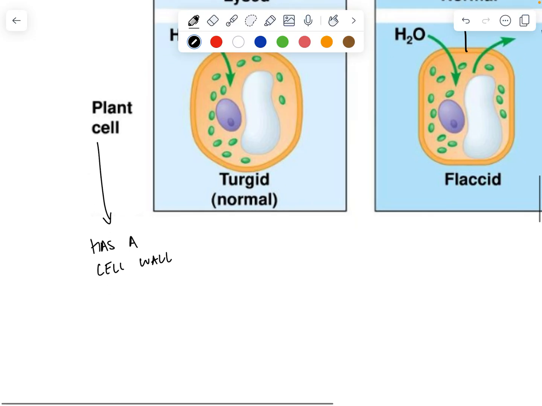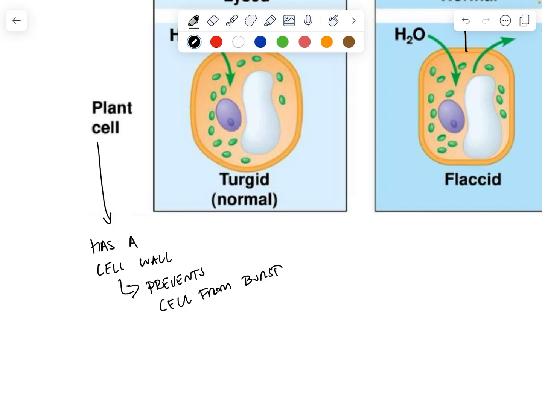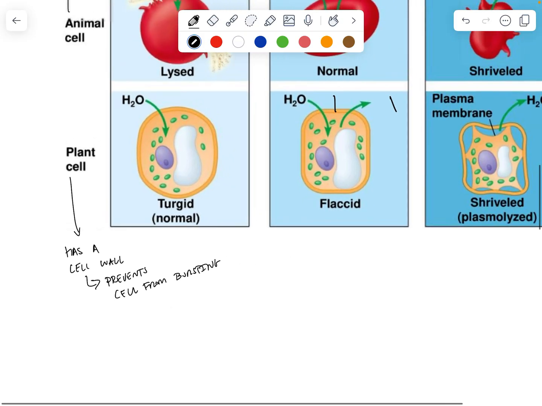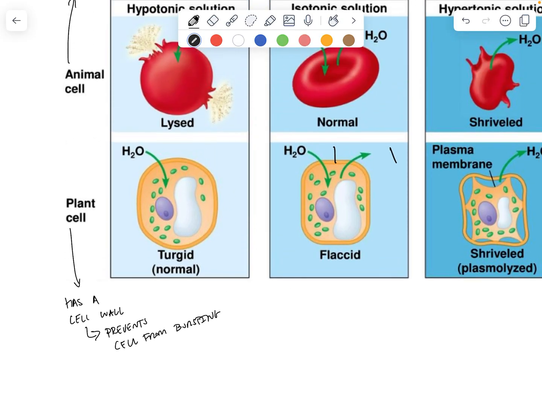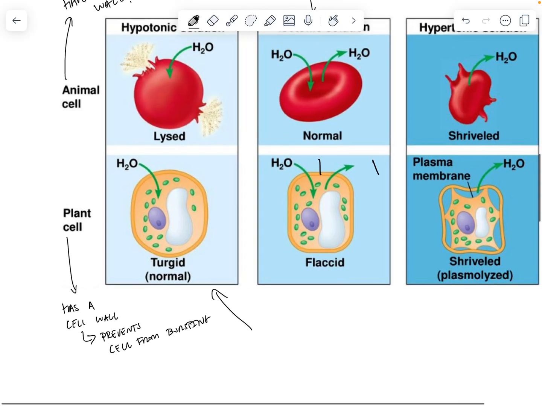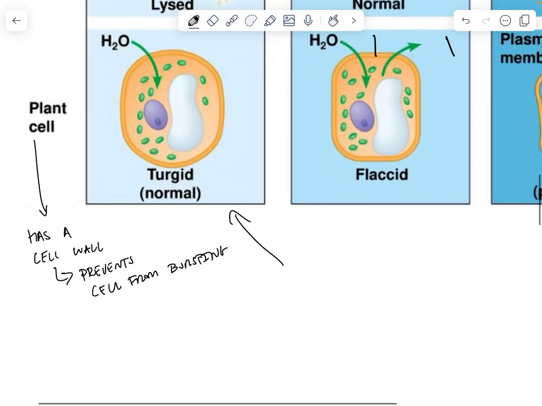Okay, a plant, however, has a cell wall. And the cell wall is really structurally stable, and it prevents the cell from bursting in any conditions. So plants actually prefer to be in a hypotonic solution.